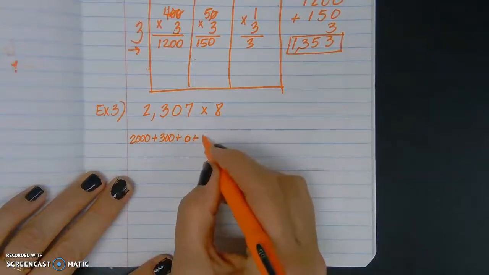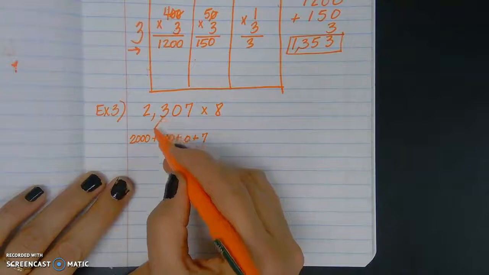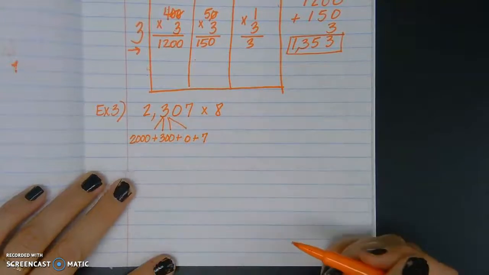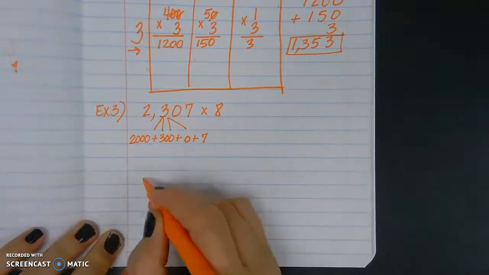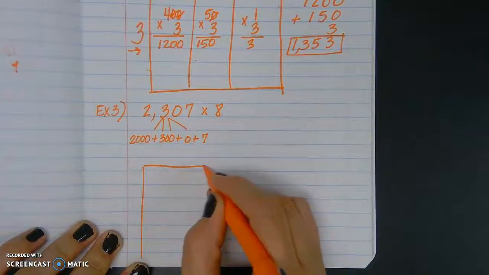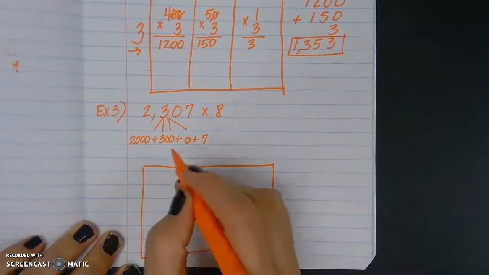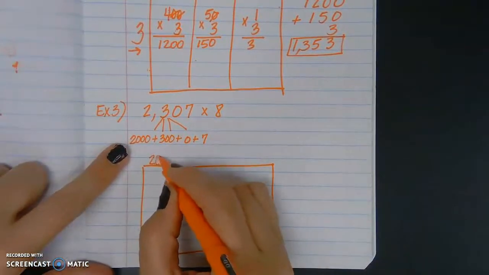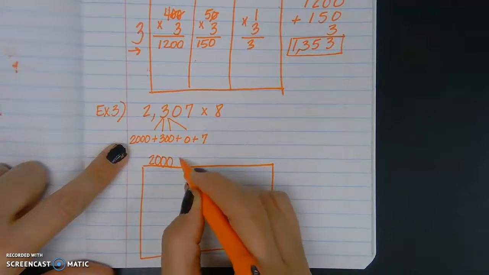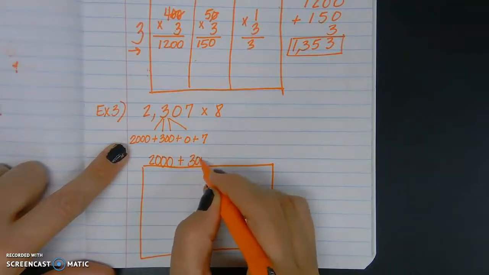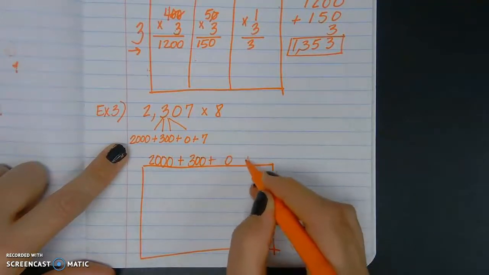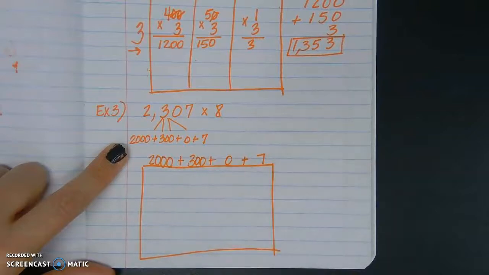Plus 7. All right, so I split my number up into 4. Now I'm ready to draw my little rectangle or square. I write this on top. 2,000 plus 300 plus 0 plus 7.